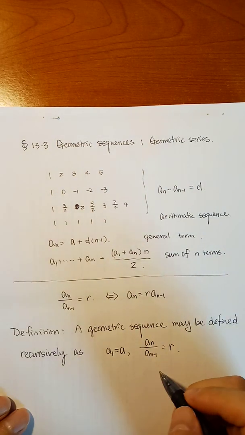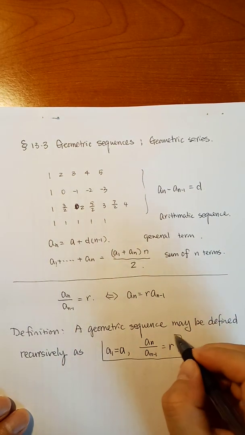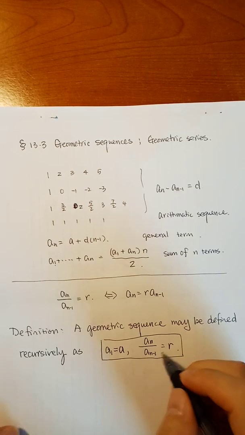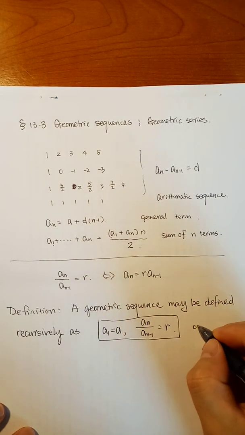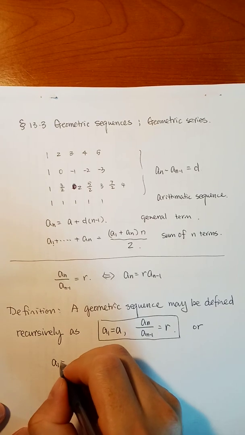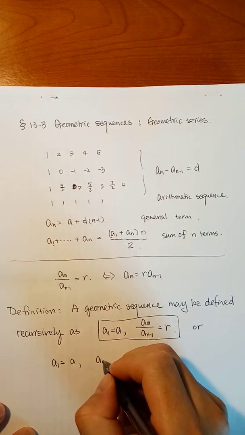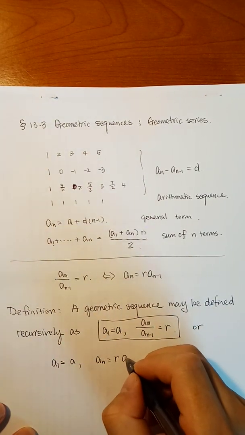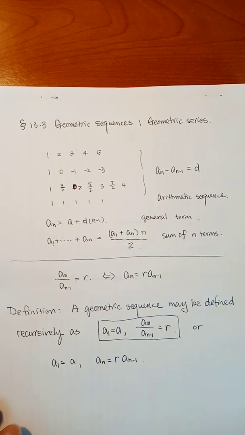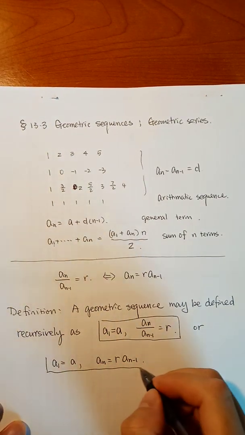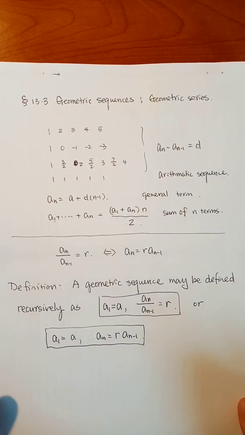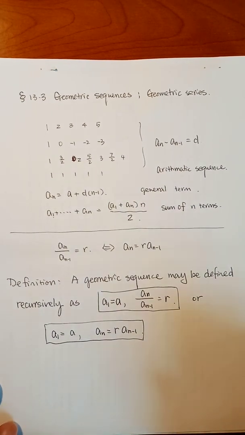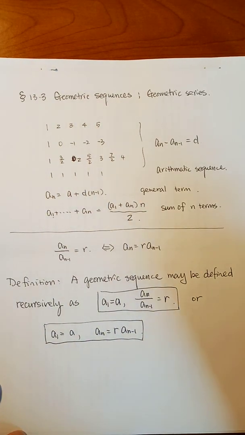Sometimes you don't like the quotient, so you have a_1 equal to a, and a_n equal to r times a_(n-1). Either way. If you prefer the ratio, you get a_n over a_(n-1) equal to r, or you get a_n equal to r times a_(n-1).